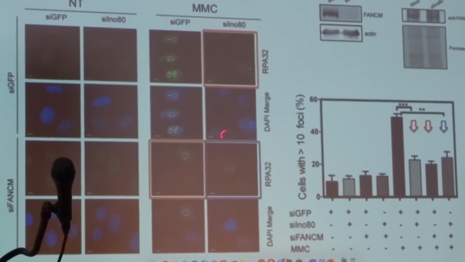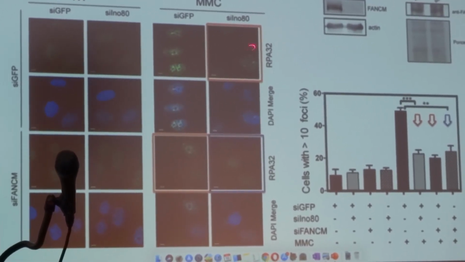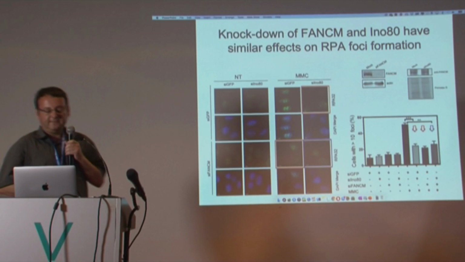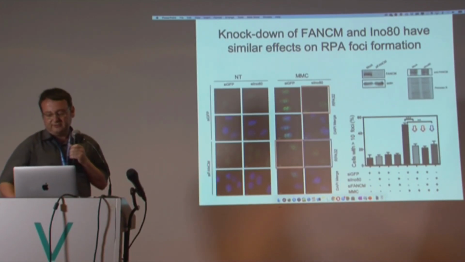We compared the problem with RPA accumulation in INO80 depleted cells and cells depleted for FANCD2, and in cells depleted simultaneously of INO80 and FANCD2, and we saw that the effects were similar, suggesting that FANCD2 and INO80 function in the same pathway.